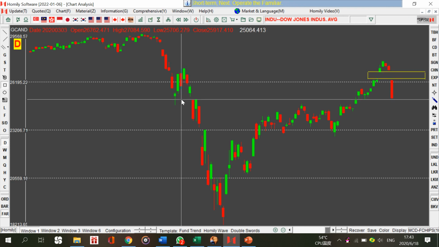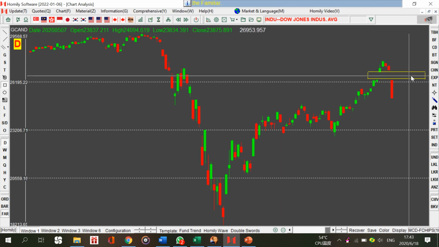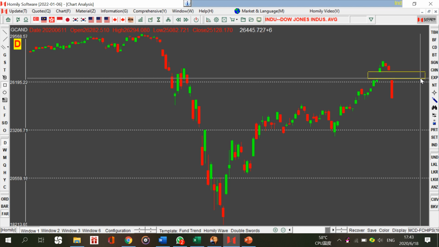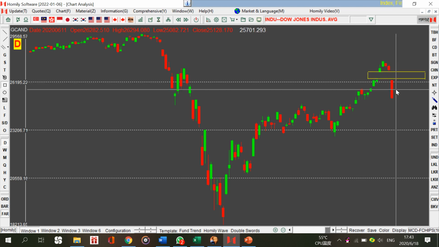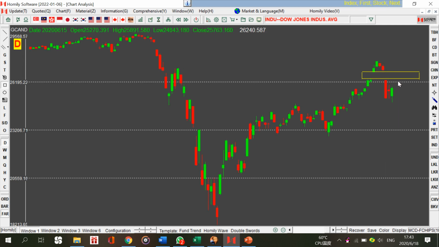This is another very special phenomenon. So what does it mean? It means that this area is a very key, very important level. So currently it is resistance, right? And we see the price didn't drop and give us a rebound.